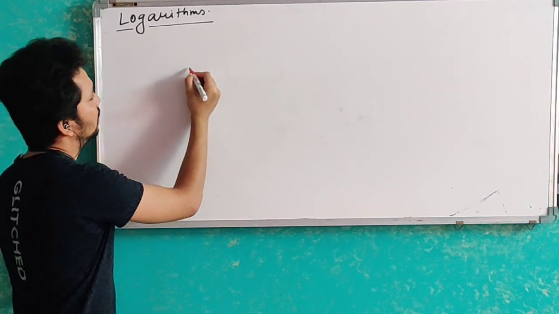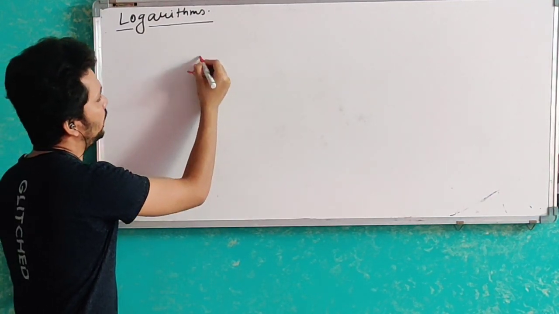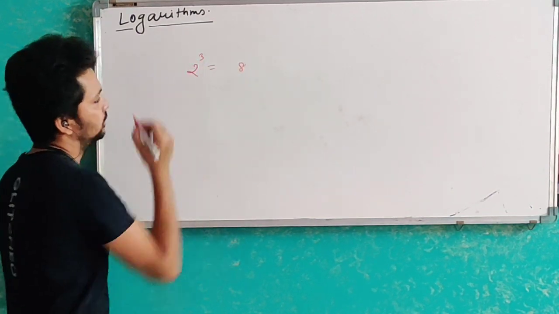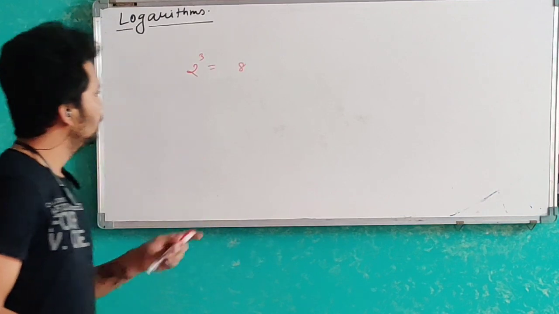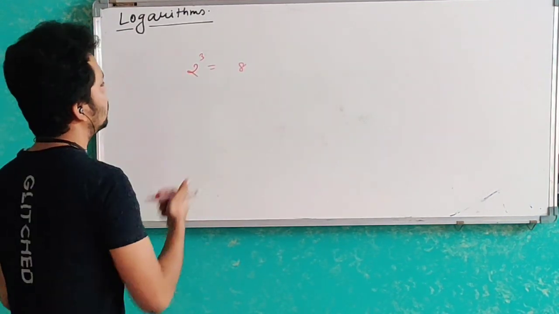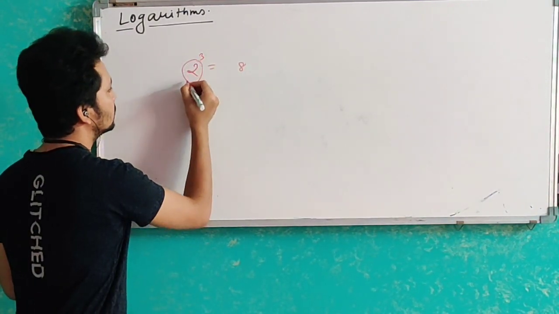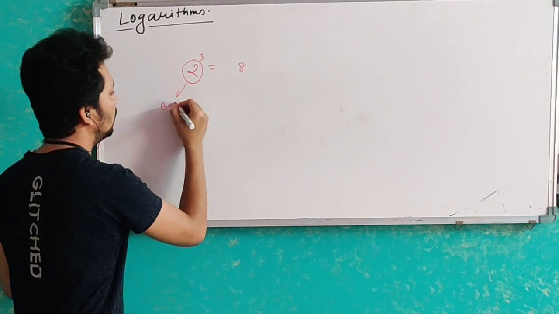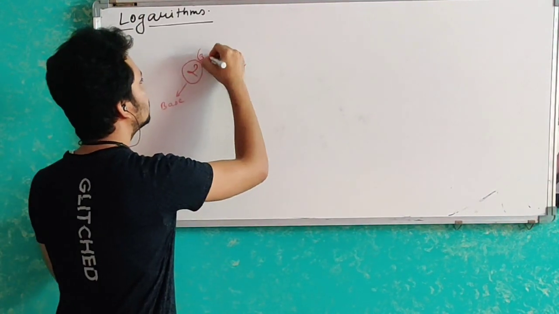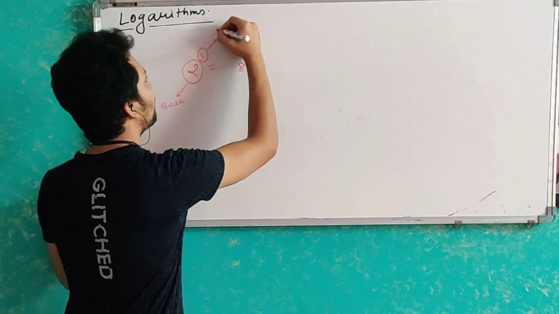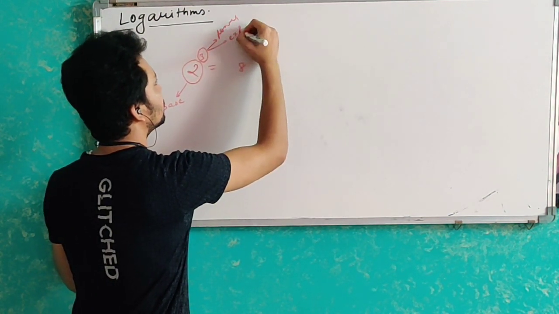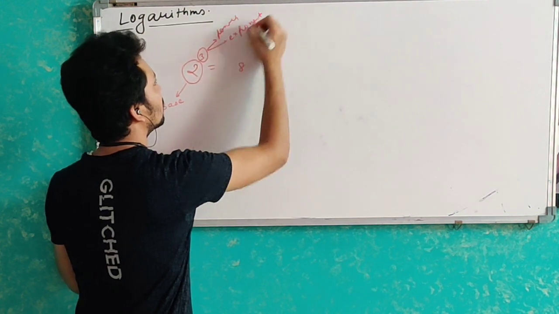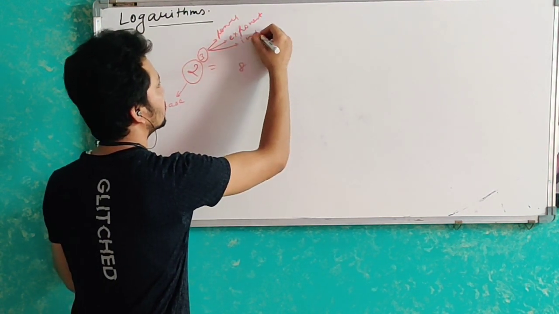See, 2 raised to 3 is 8. This 2 is called the base, and this 3 is the power, exponent, or indices.